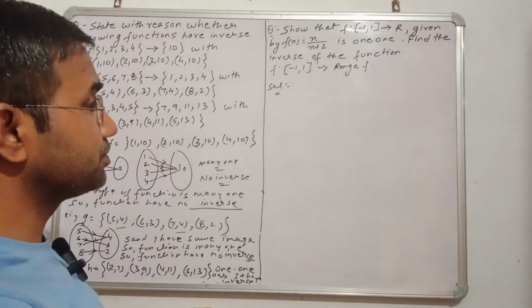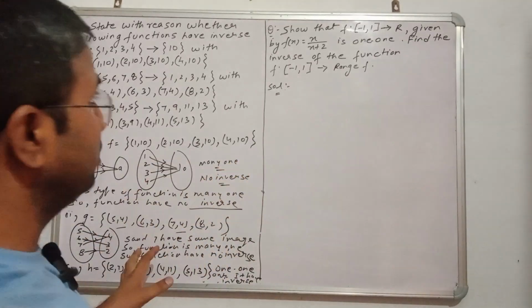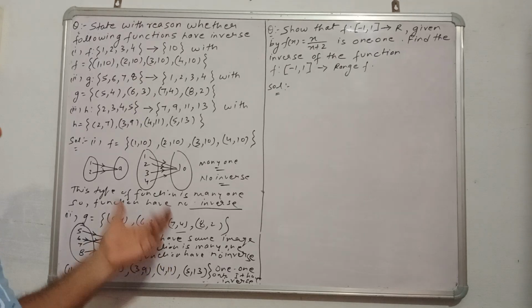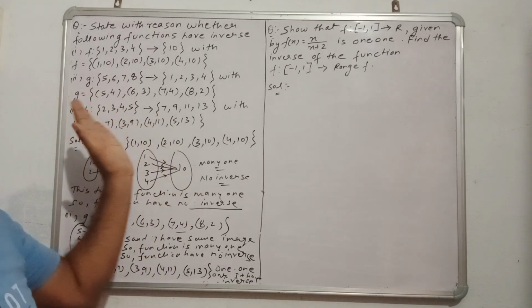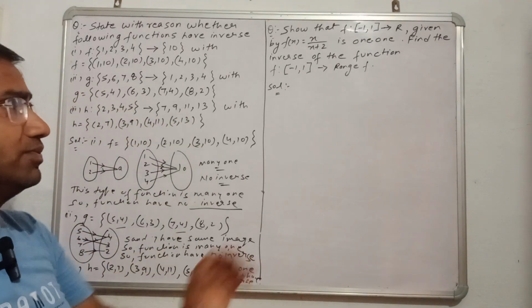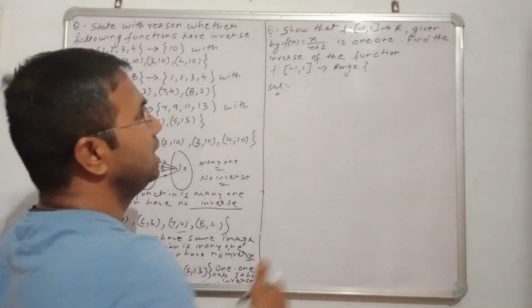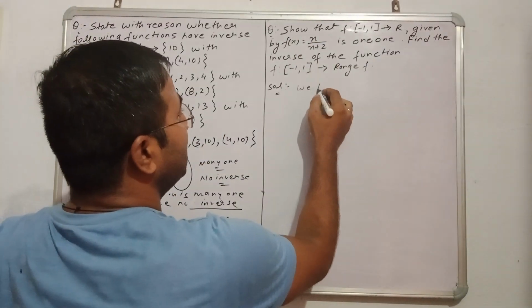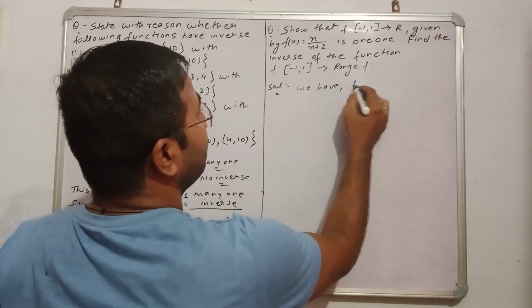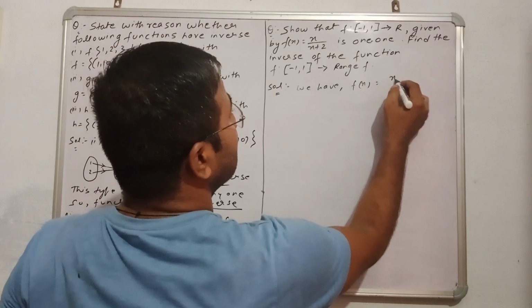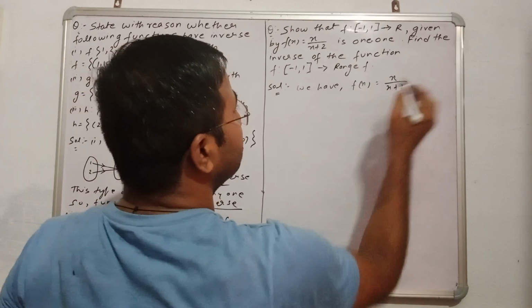So listen, there is one way: if you have the elements of the function, then you can tell. But here the function is written in algebraic form. So write down: we have f(x) = x upon x plus 2.